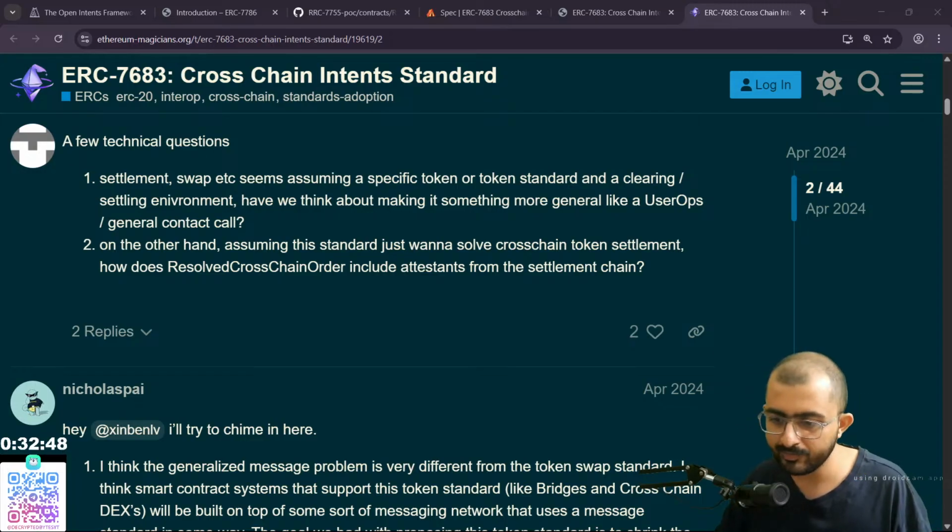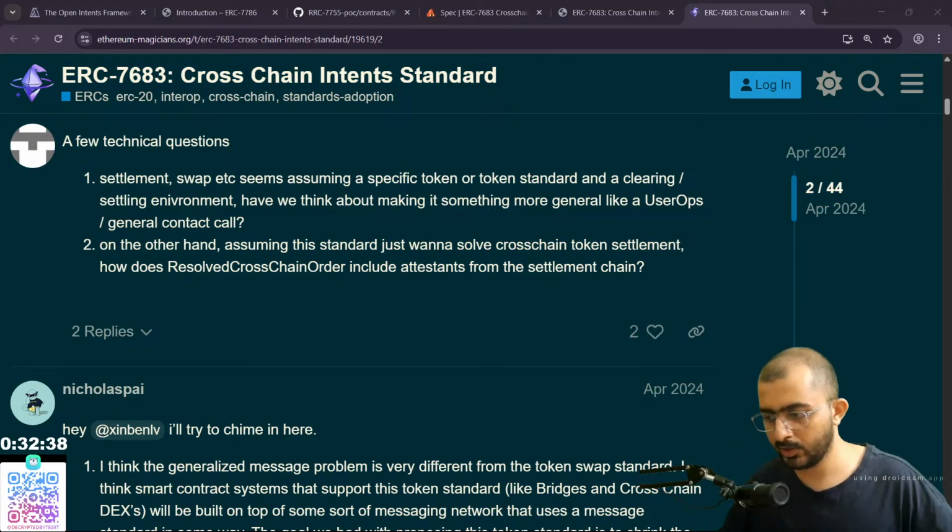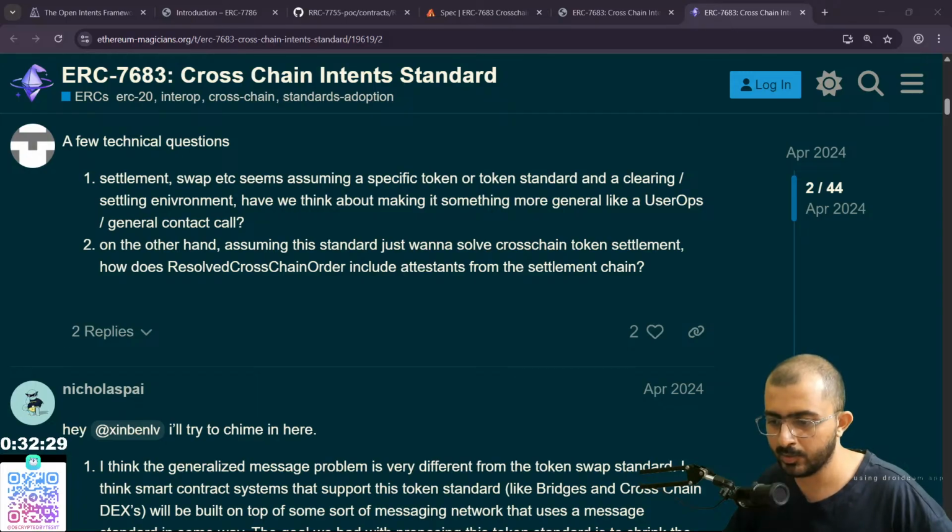Anyway, a few technical questions. Settlement, swaps, etc. seems to assume a specific token or token standard and a clearing/settling environment. Have we thought about making it something more general, like user op?